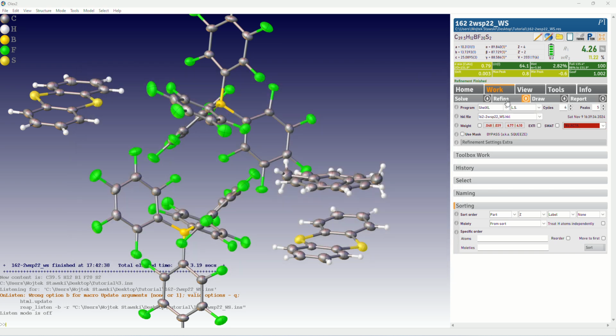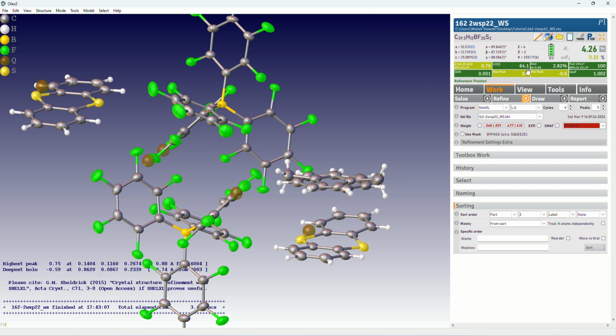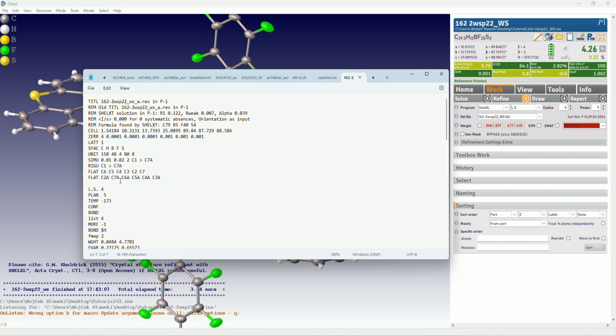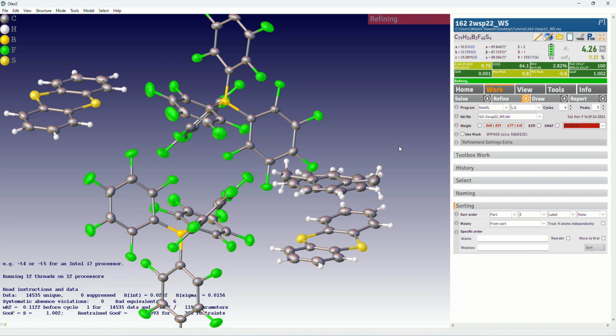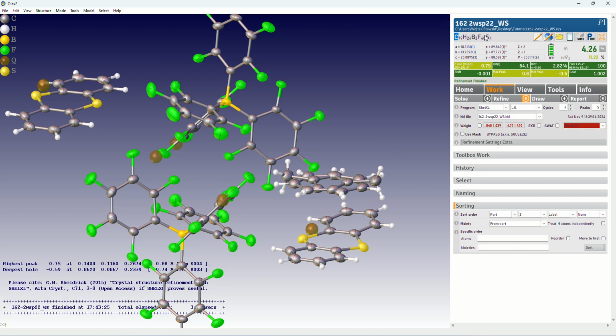If we do refine, well, it didn't for some reason. I think, yeah, 2, save. Yeah, now it works. It's changed, so our atom count finally looks normal.